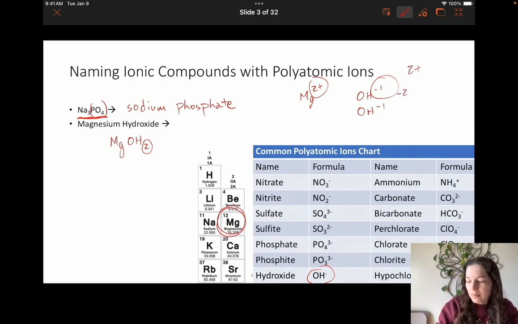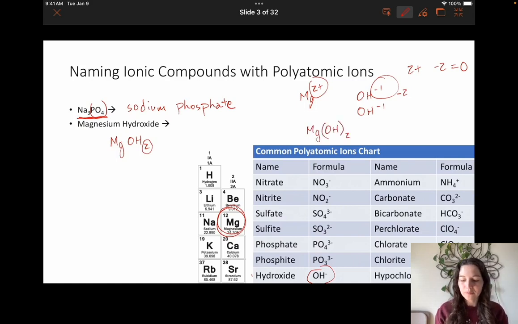And minus 2 is equal to 0. So whenever you have an ionic compound that wants to form and wants its charges to equal out to 0, thus we see ourselves with 1 magnesium and 2 hydroxides in order to make that charge 0.